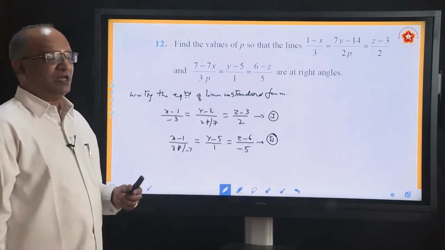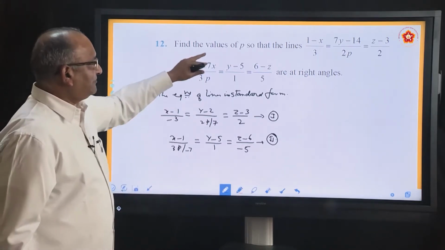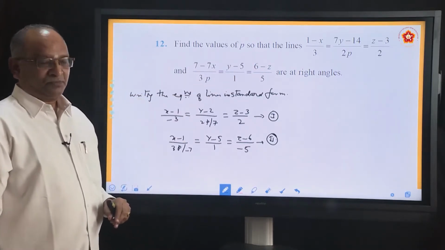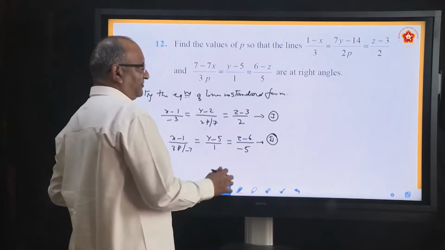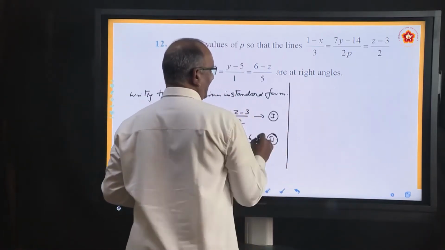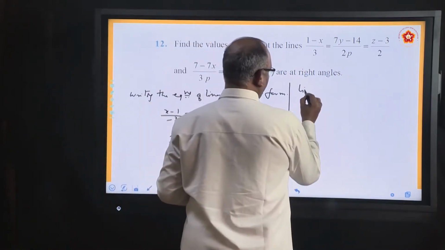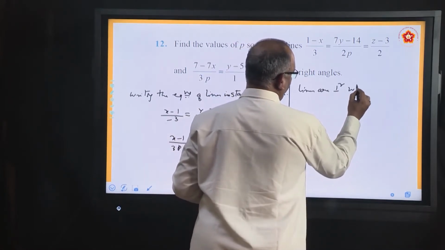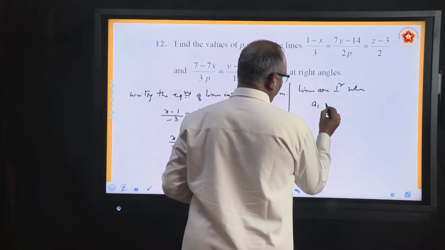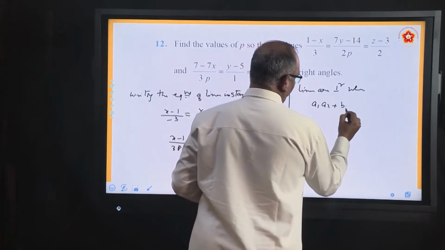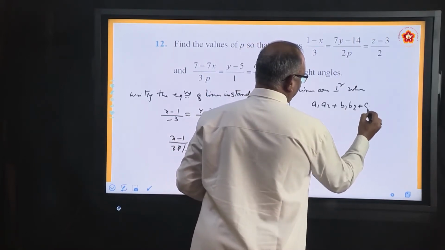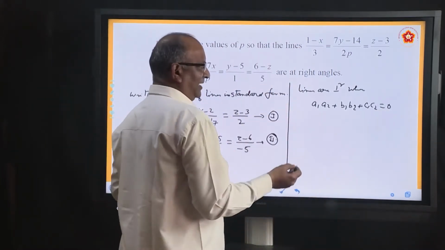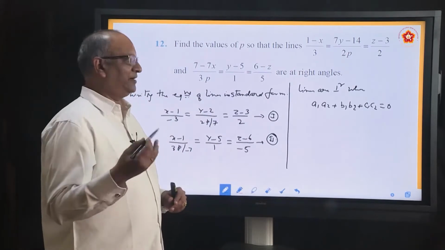Now the procedure to solve is the same. What he says, find the value of p so that these two lines are at right angles. Right angles means the angle between them is 90. Lines are perpendicular when a1 a2 plus b1 b2 plus c1 c2 equal to 0, or L1 L2 plus M1 M2 plus N1 N2 equal to 0.